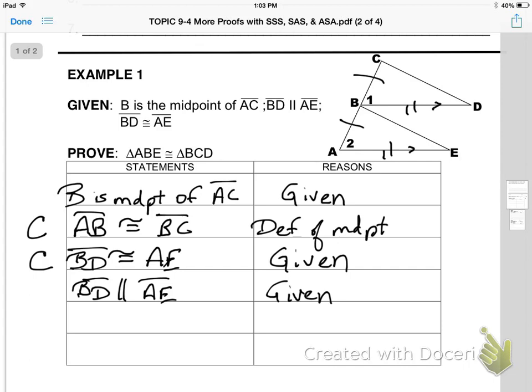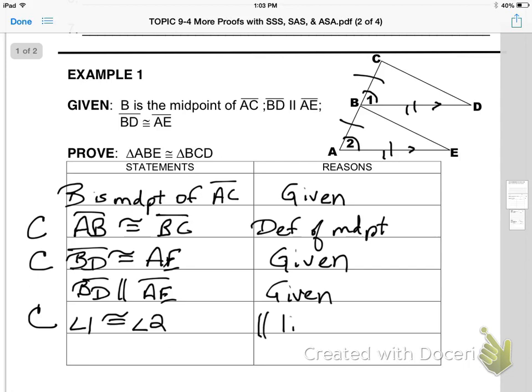And because of that, we know that angle 1 is congruent to angle 2, because I hope you remember what kind of angles those are. When these lines are parallel, those are corresponding angles.